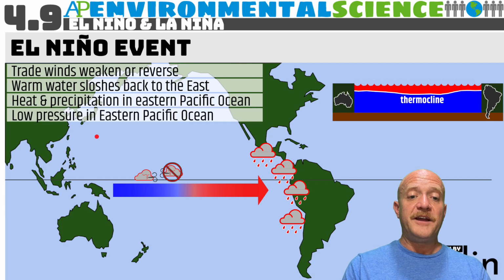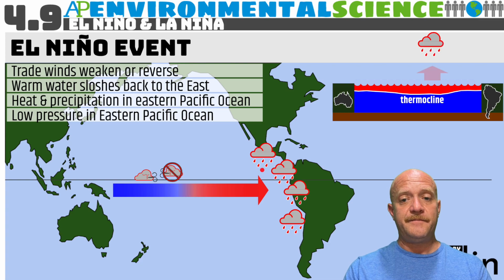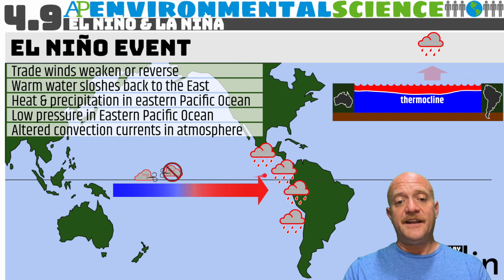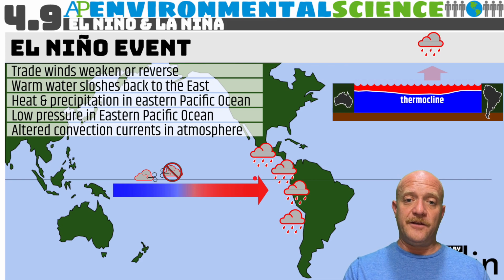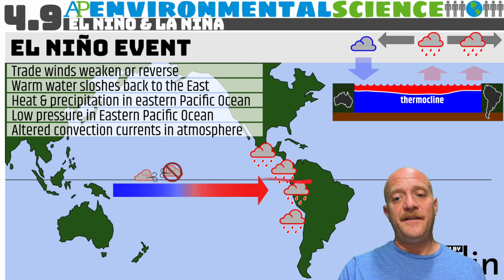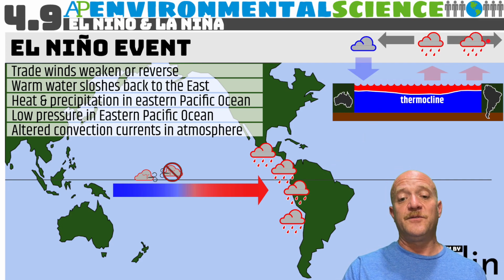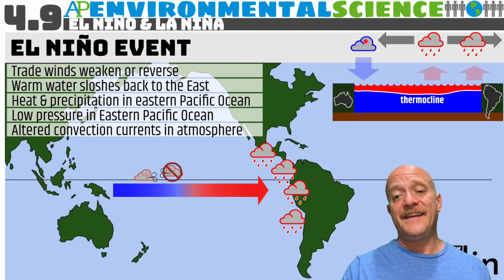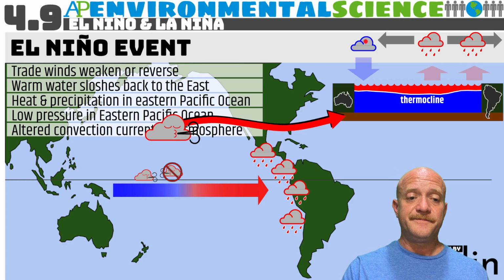You're also getting low pressure in the eastern Pacific Ocean. It's not really all the way in the east, but you're getting lower pressure anywhere from the central to the eastern Pacific. And then you're altering the convection currents in the atmosphere. So instead of the air flowing as we learned in the previous lesson, some of the moist air is going to blow towards the coast of South America, and the drier air is going to blow to the west and settle down along Australia.